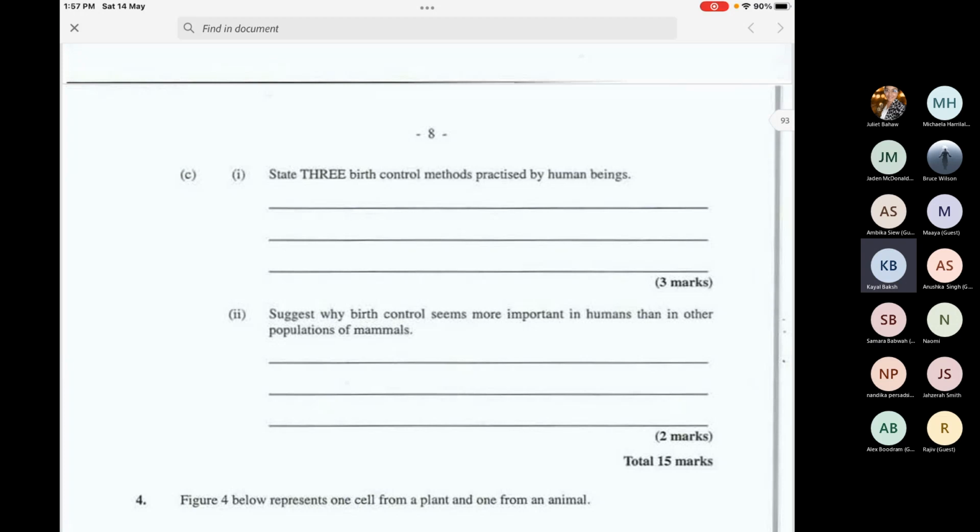Humans, however, because their survival rate is great, can have overpopulation. So that is why you need birth control methods, because not everyone is capable of having a large family size and managing them. You always have to look at the amount of resources that you have before you start having children or offspring. You want to always have enough to support them. So that is why it's important in humans rather than populations of mammals.